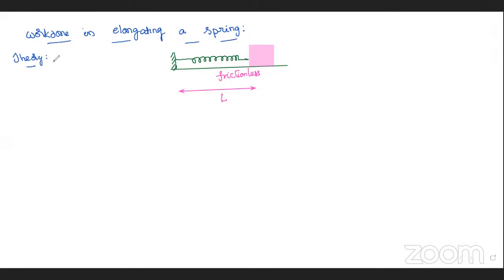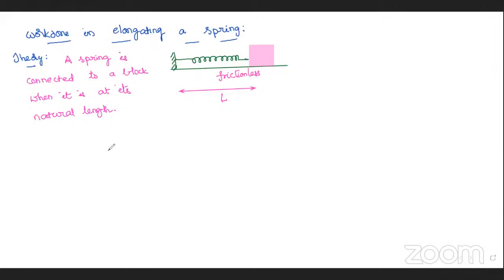Let it be L. That I write here: a spring is connected to a block when it is at its natural length, meaning original length.